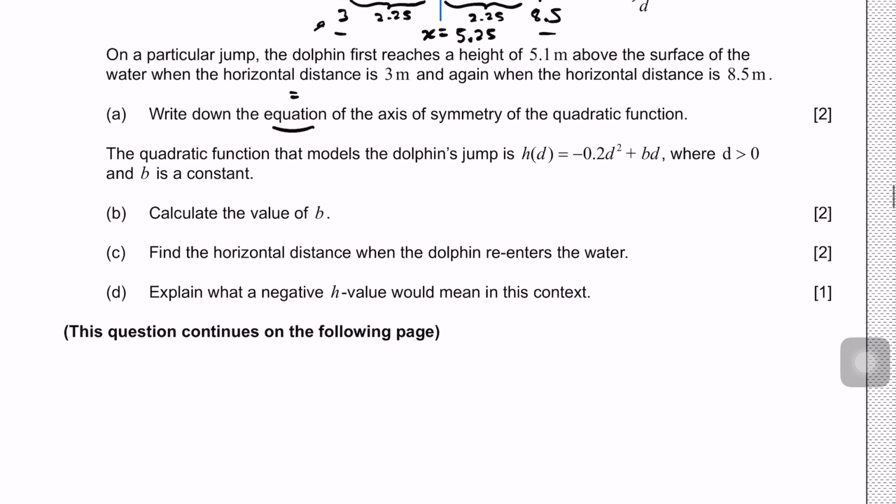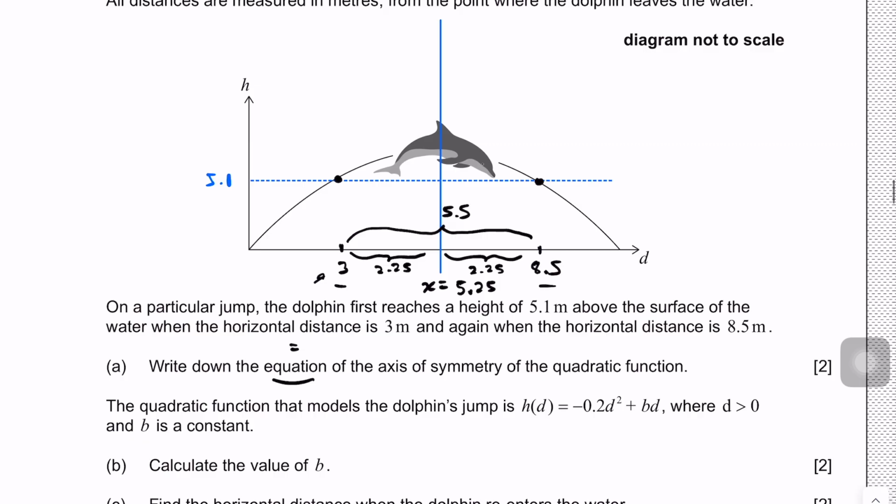So what do we have? I'm going to write this out right here, not in function notation, but just as an equation. So height is equal to negative 0.2d squared plus bd. So what we have here is an unknown, this b value right here, but there are given values. We know, for example, that when the dolphin is 8.5 meters from where it broke the surface, it's at a height of 5.1 meters in the air.